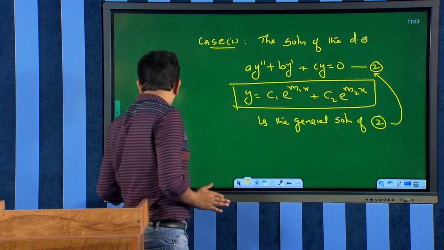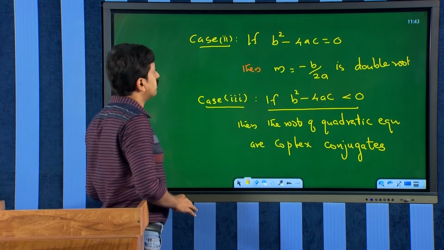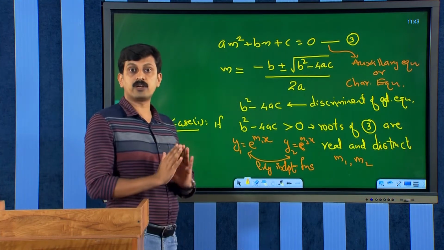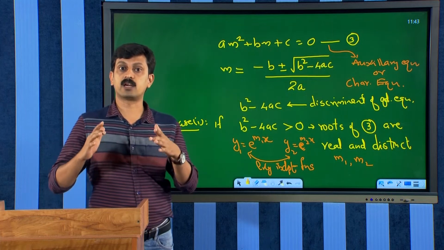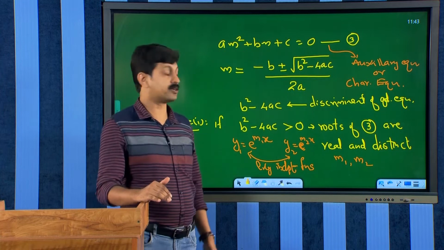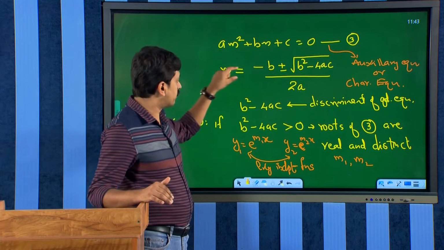So, firstly, we evaluate. We can find an auxiliary equation corresponding to every second order linear differential equation with constant coefficients. From that auxiliary equation, we can find the values of m.